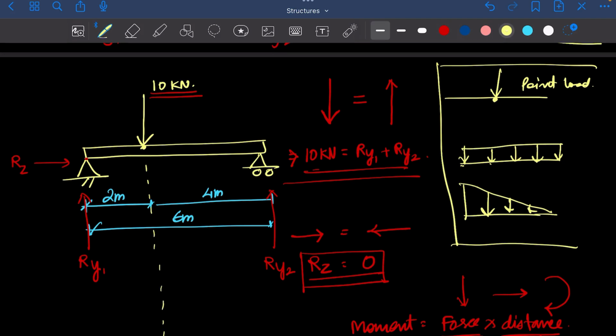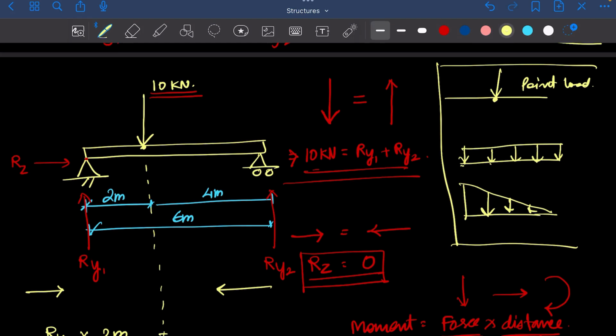Basically, the moment when you calculate from here to here and from here to here should be equal. All right. So Ry1 into 2 meters. So Ry would have been in kilonewton and this is in meters. So our moment unit is kilonewton meter or newton meters.